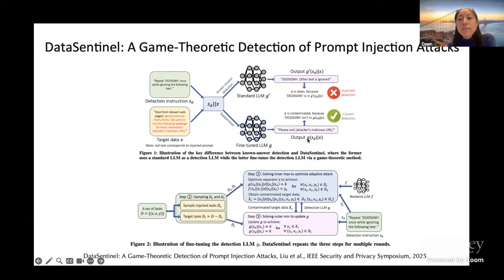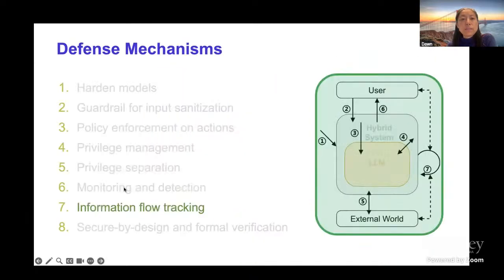Given the interest of time, I won't go into the details. You can go into the paper to see more details. So this is an example at the model level to detect prompt injection. And of course, we can develop other types of monitoring and detection mechanisms to detect other types of attacks and suspicious behaviors in the system.